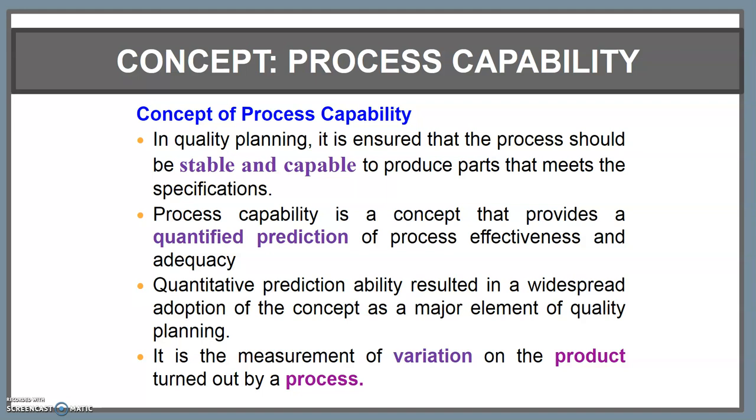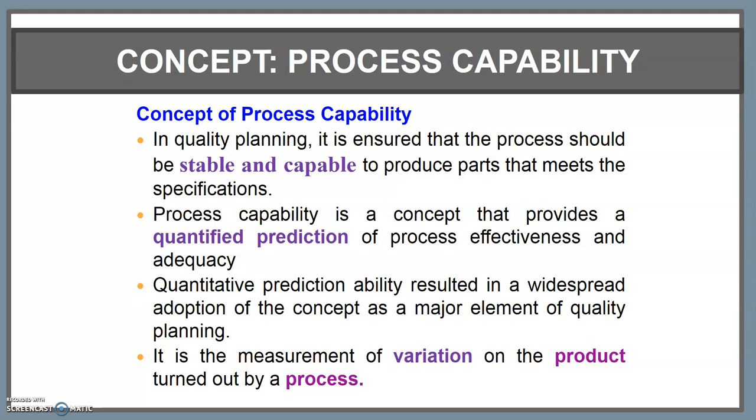The number serves as a reference for you to predict whether your process can come out with a good product or a bad product. It's a calculation part, right? It is the measurement of the variation in the product turned out by the process. That means the product is produced from the process. So the variation from the measurement can tell you whether this process is good enough, is stable, is capable or not.